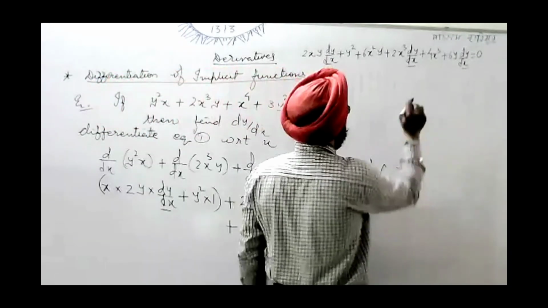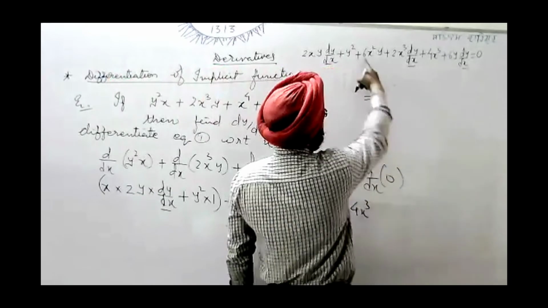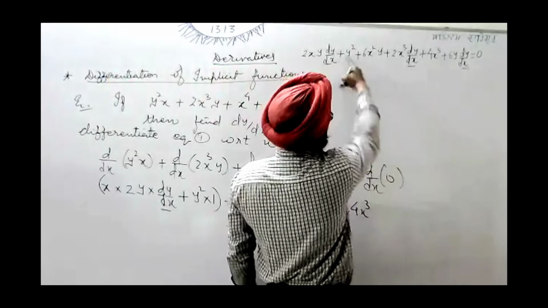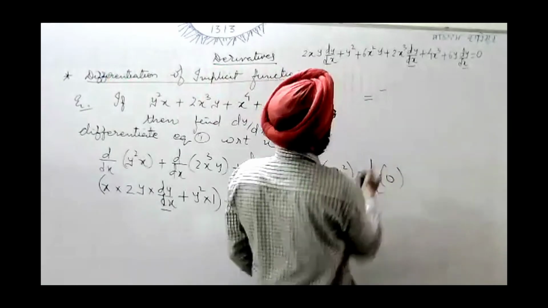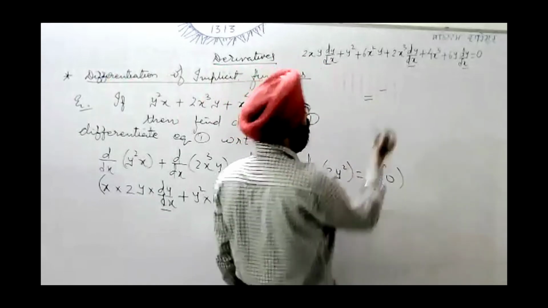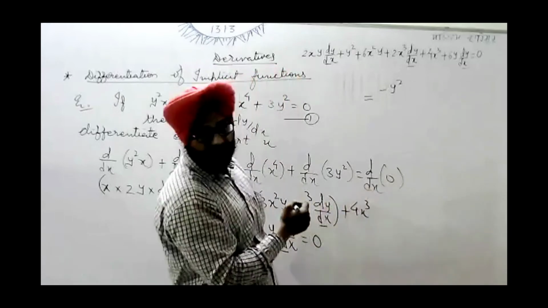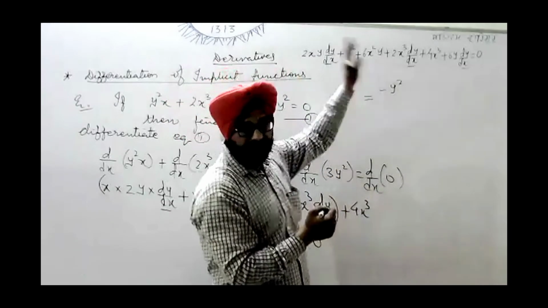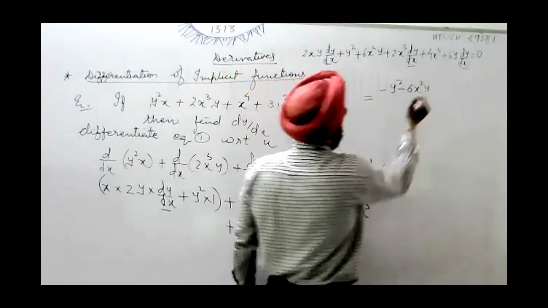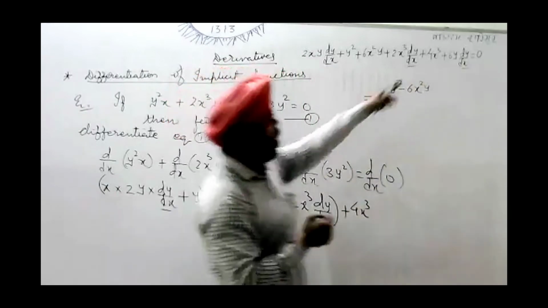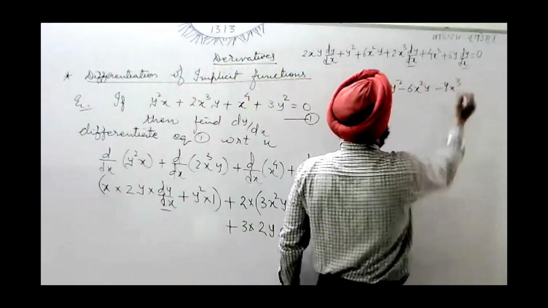So right hand side means we will get first term y square, so minus. All terms I see are plus, no problem. All will be negative, that means minus y square, 6x square y shifted right hand side, minus 6x square y. This term 4x cube, this is minus 4x cube.